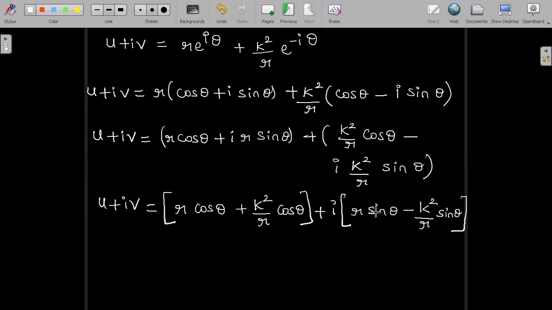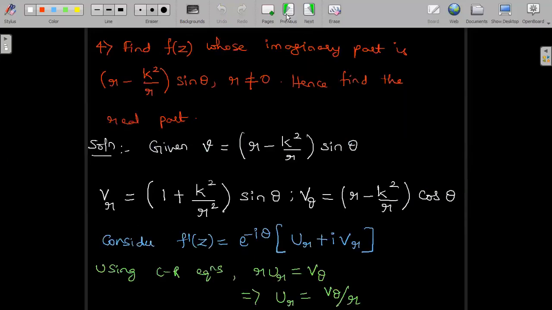Minus k square by r. I took i common, so here r sin theta remained, and here minus k square by r sin theta remained. So these are the imaginary terms. Now let us verify. Given v was, taking sin theta common, r minus k square by r. Let us just check that once. r minus k square by r into sin theta.